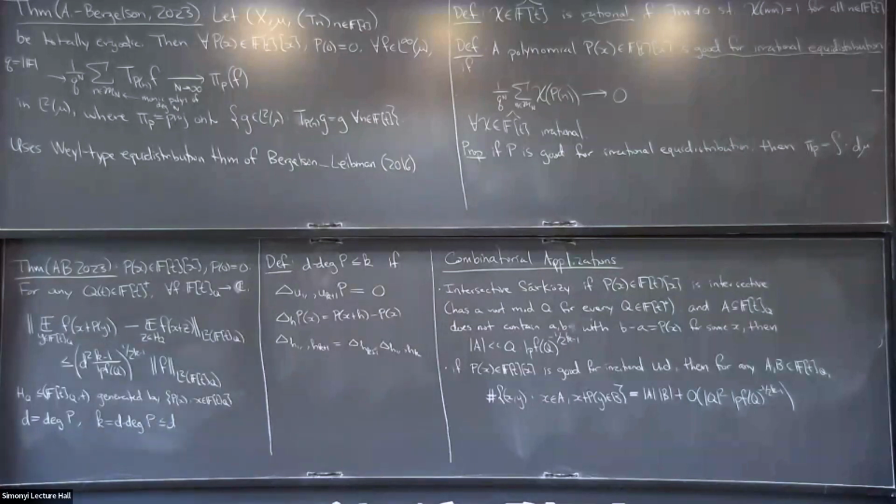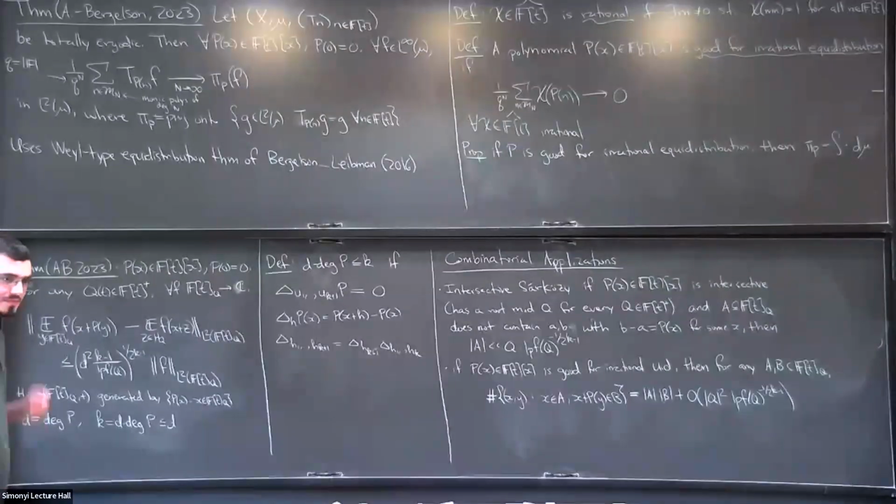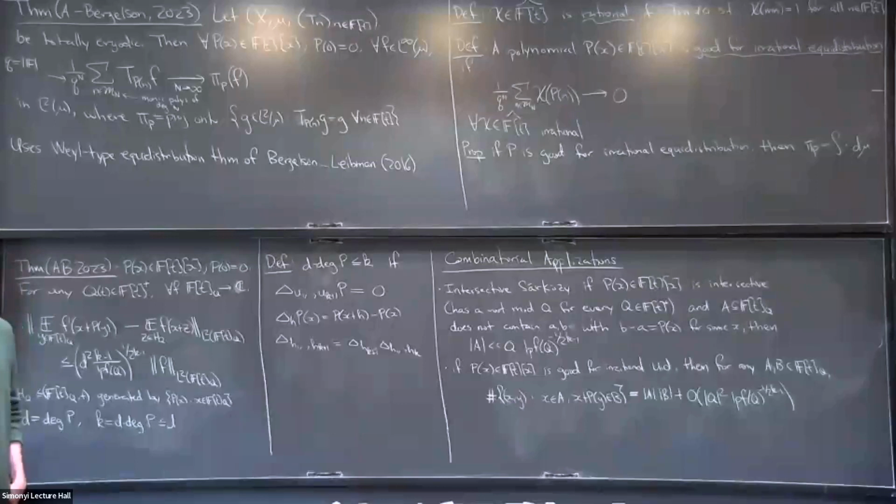Maybe you have 4 polynomials in 2 variables. It's actually close to the threshold. 3 for sure. Yeah.